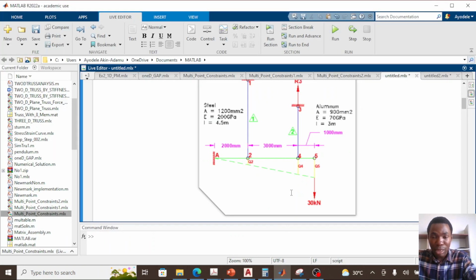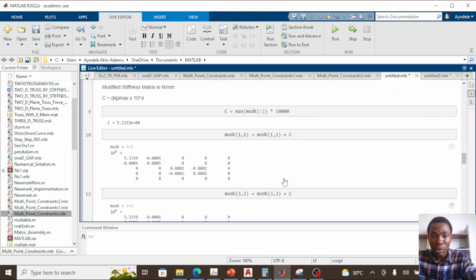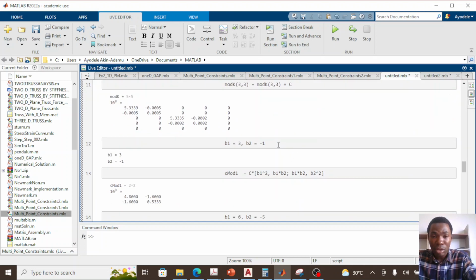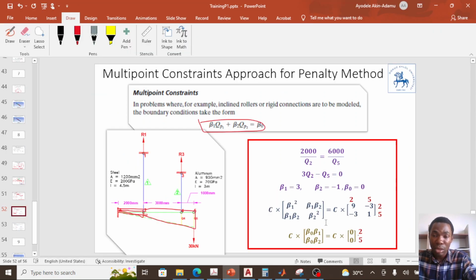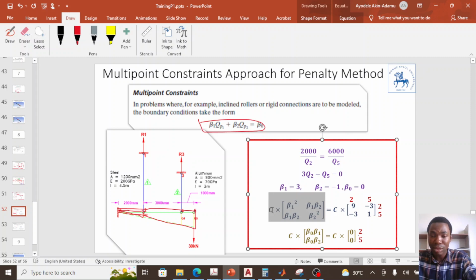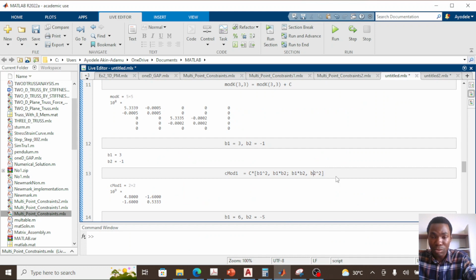So for our first multipoint constraint equation, I define B1 as my beta 1 and B2 as my beta 2, 3 and minus 1. I don't need to define beta 0 because it's 0 and it does not affect my first vector. So I only define beta 1 and beta 2. And I then defined the matrix which I showed you on MATLAB by running this code.